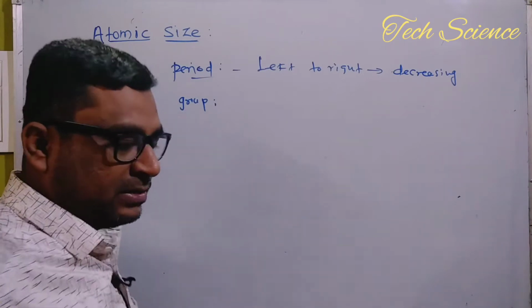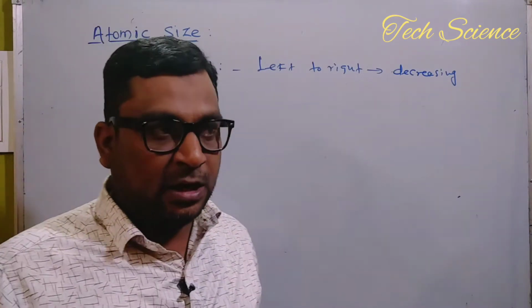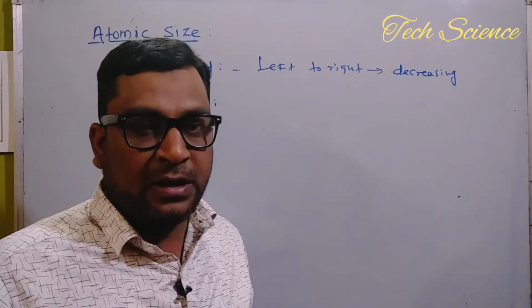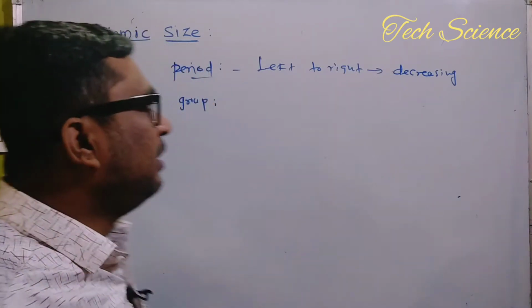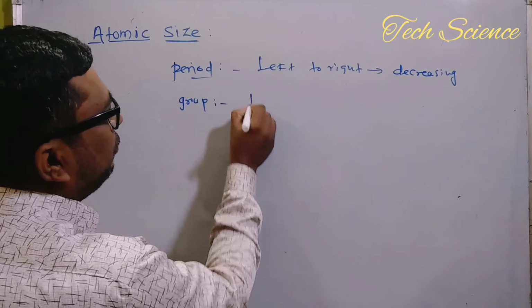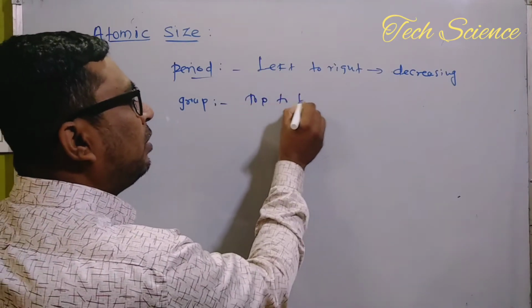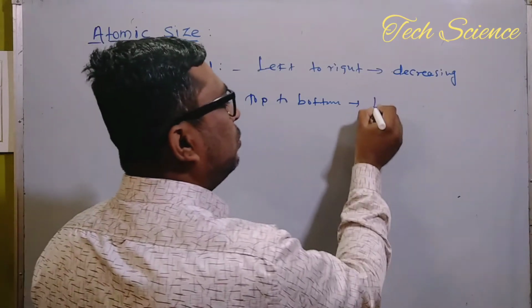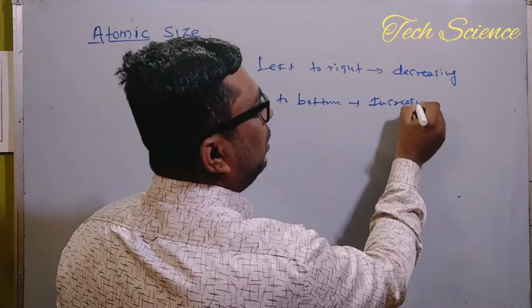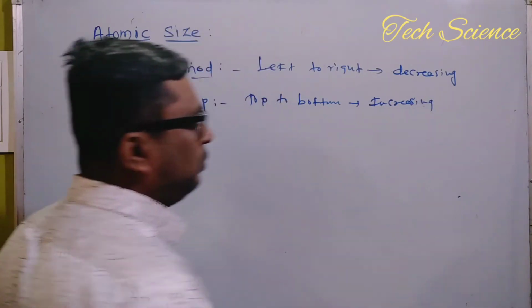Sometimes this is asked as a give-scientific-reason question: the atomic radius goes on decreasing while moving from left to right in a period. And regarding a group, when you move from top to bottom, the atomic size goes on increasing.